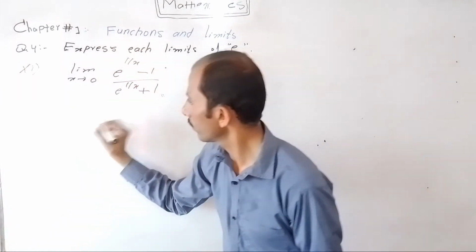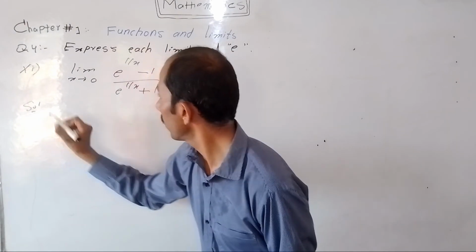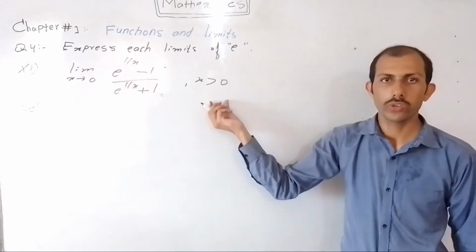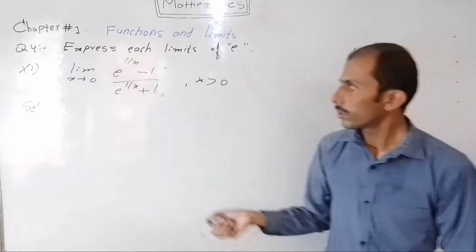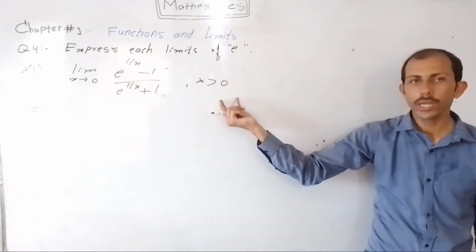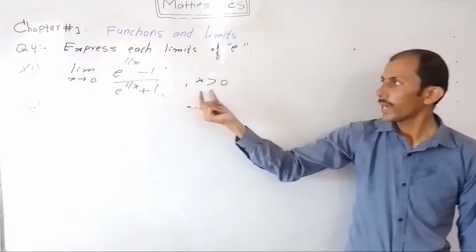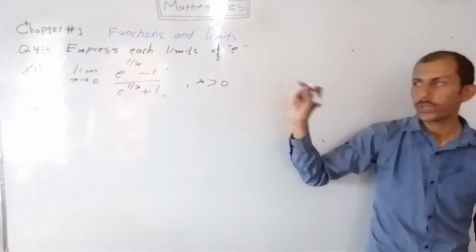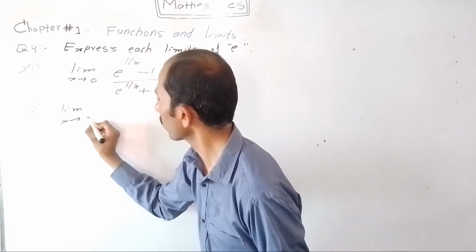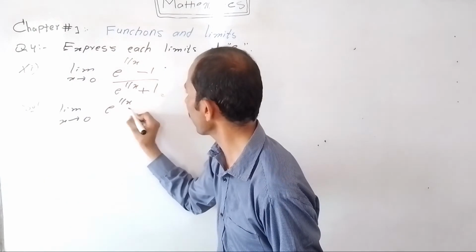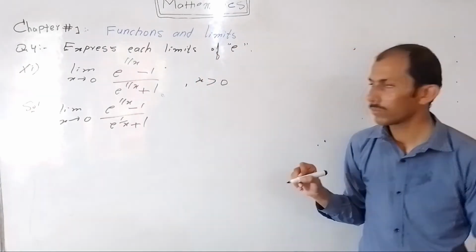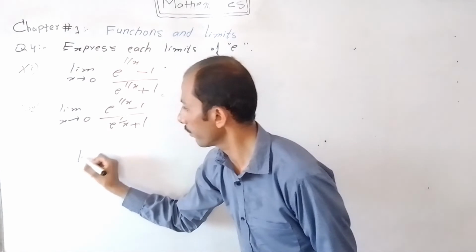So solution where x greater than 0. Dear student, question number 4, part number 10, x less than 0, and part number 11, x greater than 0. So limit x approaches to 0 of e power 1 divide x minus 1 divided by e power 1 divide x plus 1.